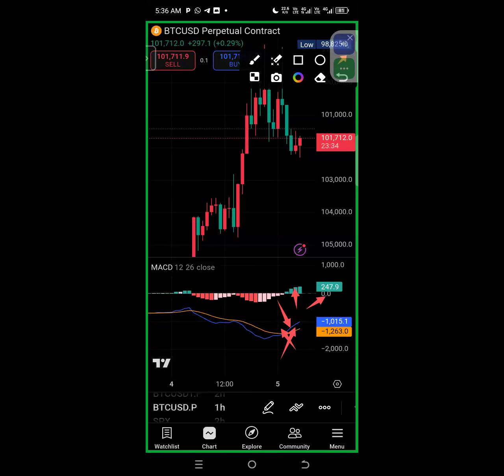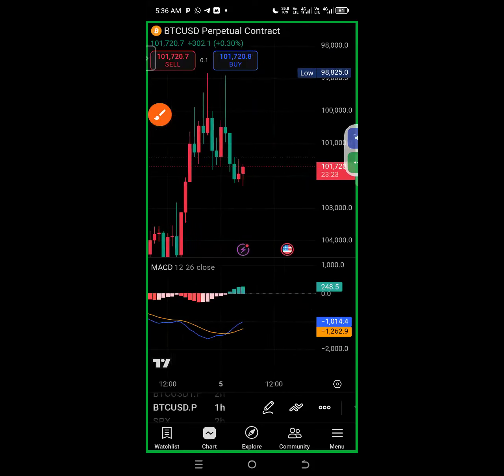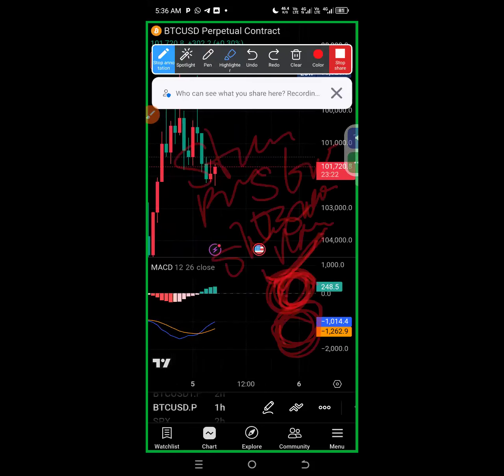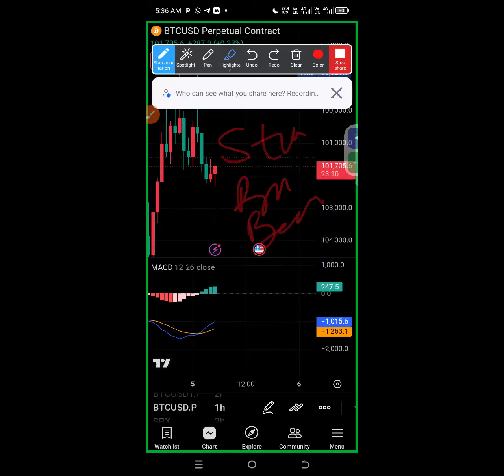Now, what we are saying is simple. If we want to see a strong, listen, the word is strong momentum, a strong bullish or bearish momentum.